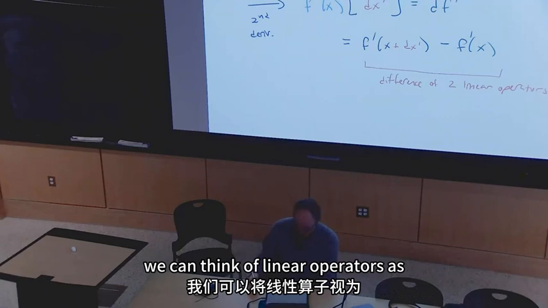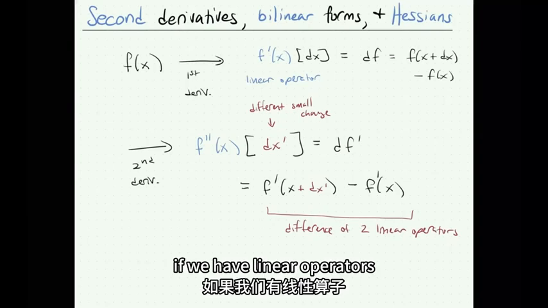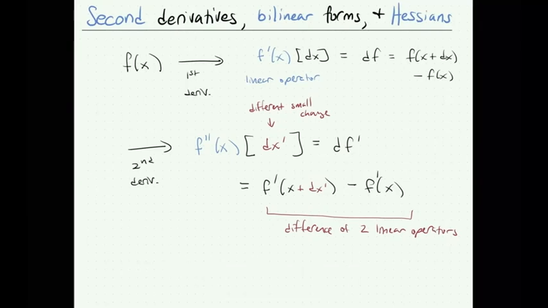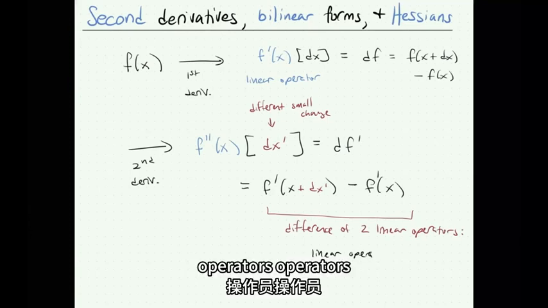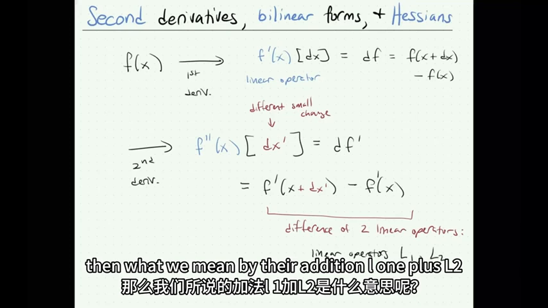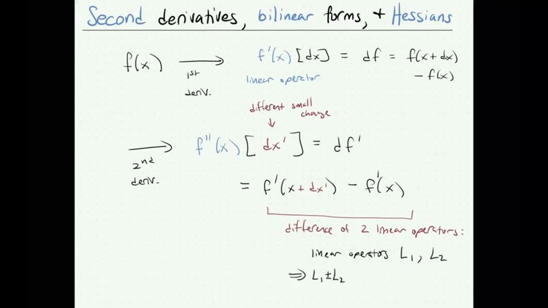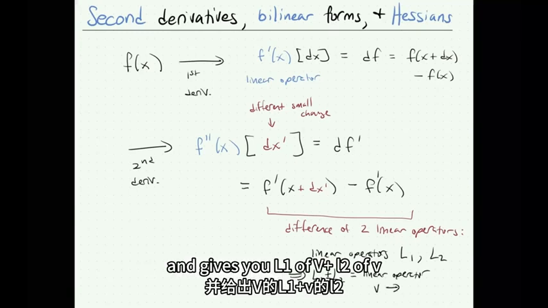If we have linear operators L1 and L2, then their addition, L1 plus L2, or minus, is the linear operator that takes a vector v and gives you L1 of v plus L2 of v.